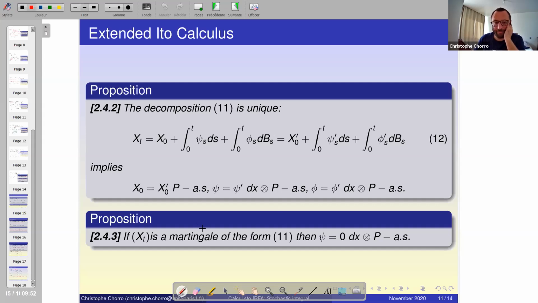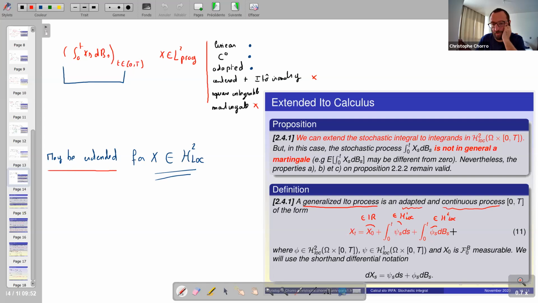Secondly, if you have a generalized Ito process that is a martingale, necessarily, if I come back to the previous slide, the part in dt, the Riemann integral part, has to be equal to 0.